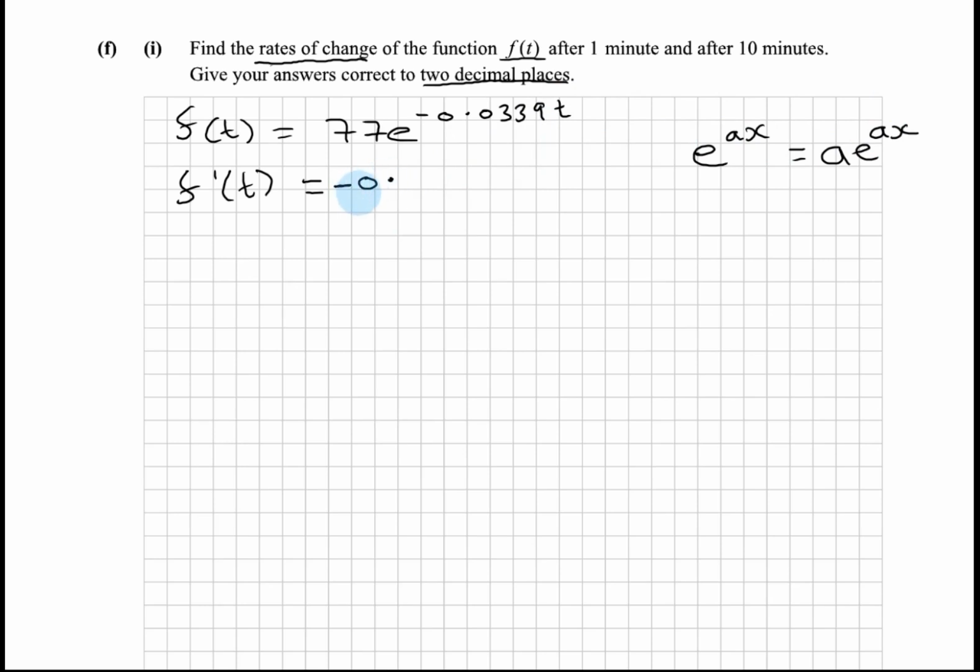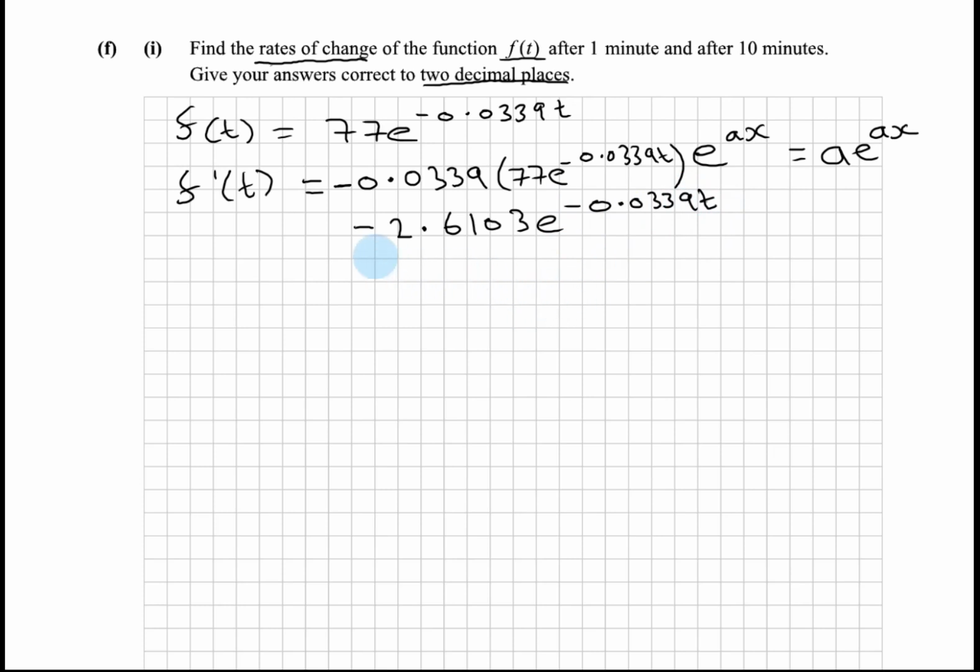So minus 0.0339 multiplied by 77 e, and then this stays the same, minus 0.0339 t. So now if we multiply all that, we get minus 2.6103 e to the power of minus 0.0339 t.